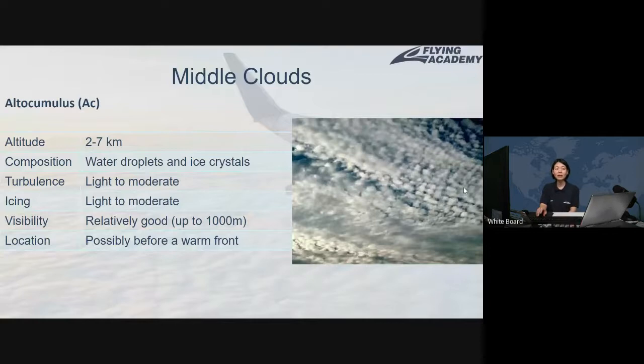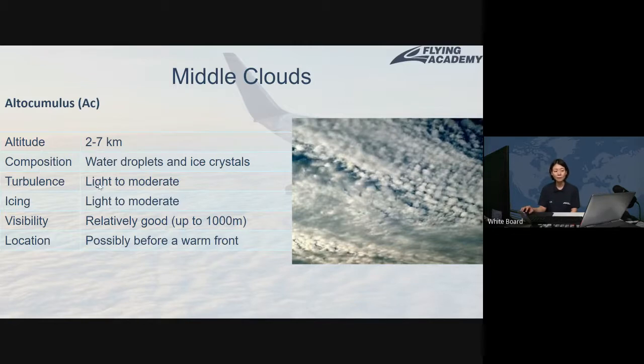If it is a middle cloud, it means it is altocumulus. Alto means high, however we say middle cloud, which is 6,500 feet to 20,000 feet. Its altitude is getting lower, so it can be mixed with water droplets and ice, because the outside temperature can hold both.